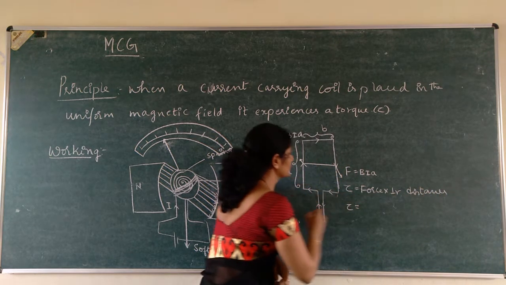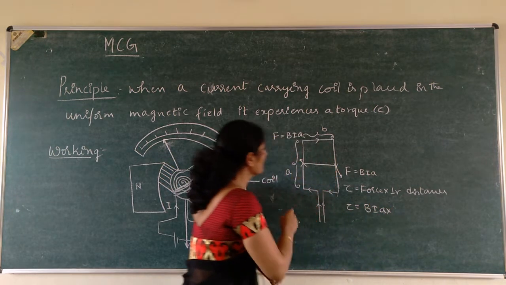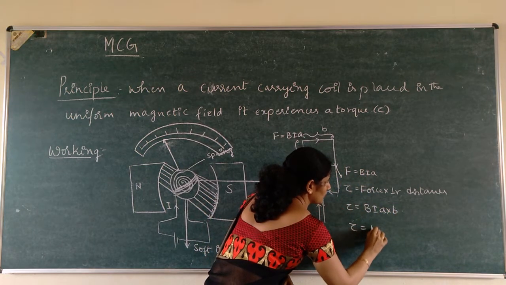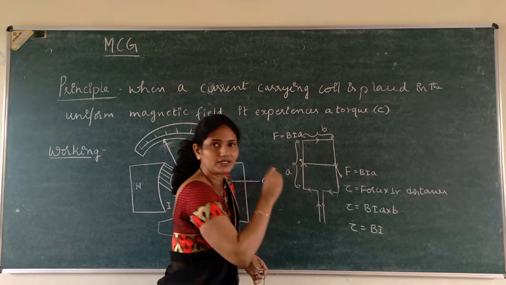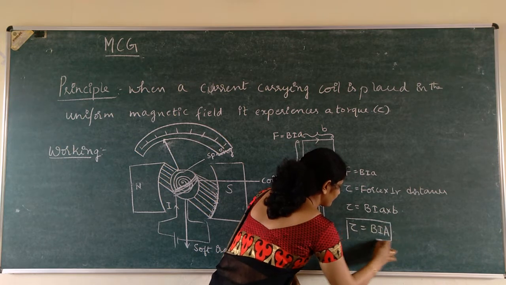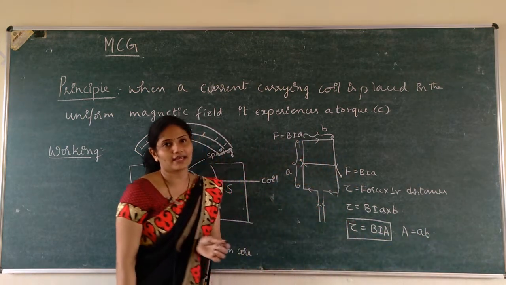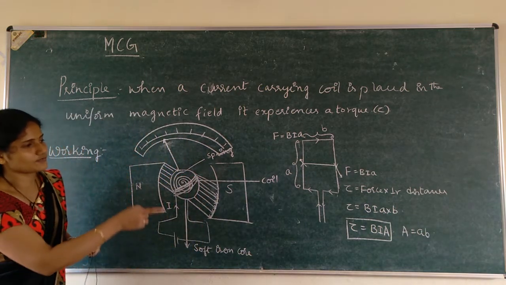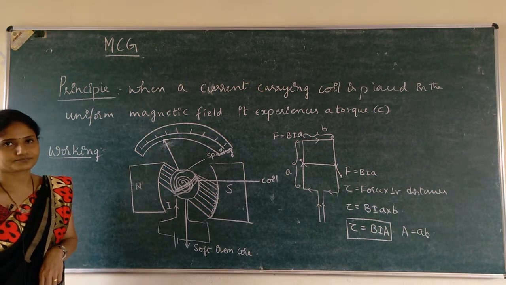So tau is equal to, expression for force is BIA into perpendicular distance is B, so into B. So tau is equal to BI A into B. A into B is nothing but area of the rectangle. So area of the rectangle is A, where A is equal to AB. So tau is equal to BIA. This is the expression for torque acting on the coil.